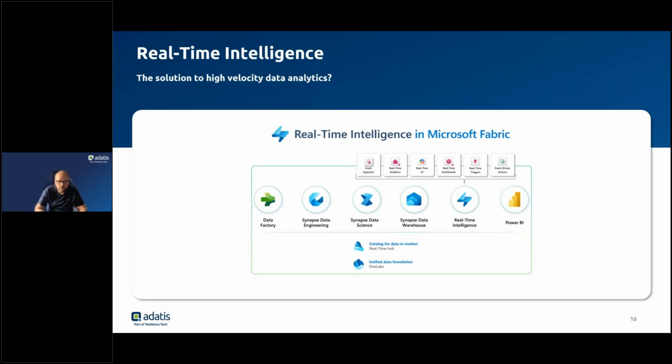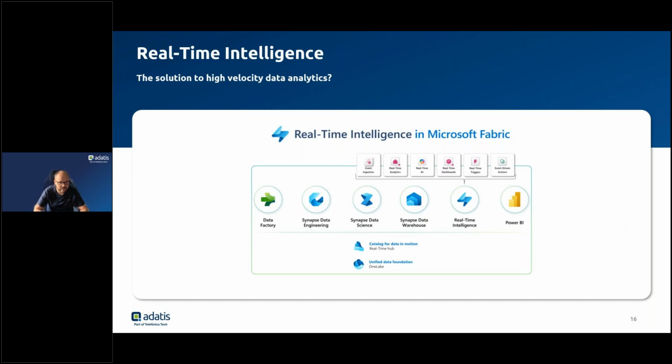Essentially, what Microsoft have tried to do is build out an end-to-end offering within the SaaS platform that Fabric has, that allows us to ingest events from various sources, whether they're things like IoT devices or transactional systems that are publishing events, and allows us to store that data within the Fabric platform and then start to build out transformations on top of that and build out things like AI models on top of that data.